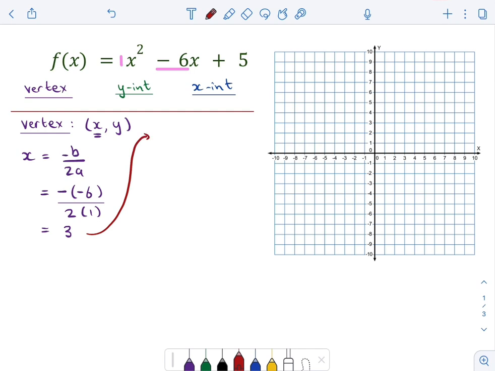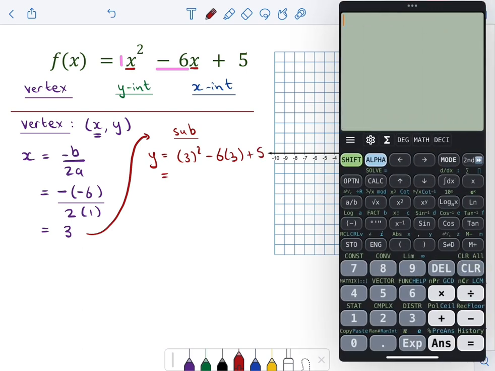So wherever I see an x, I should replace it with the number 3 and I will get its matching y value. So we substitute back in and my y value will be equal to 3 squared minus 6 times 3 plus 5. I put that into my calculator and that would give me negative 4.